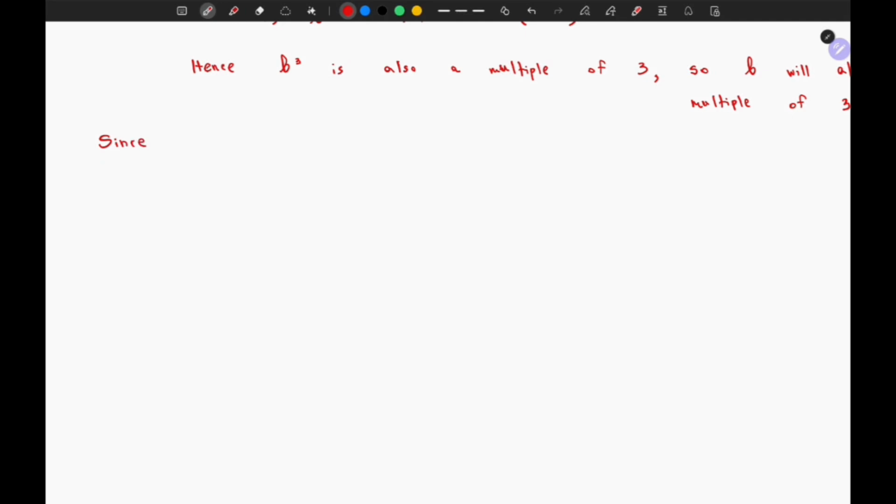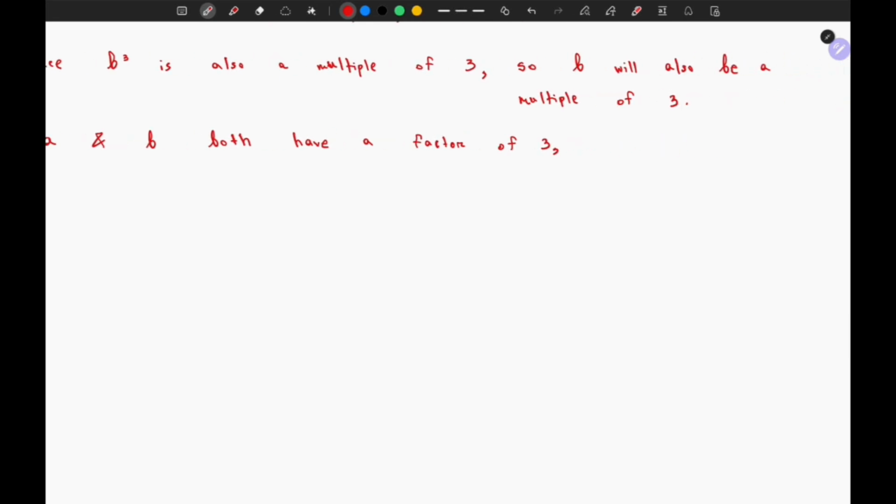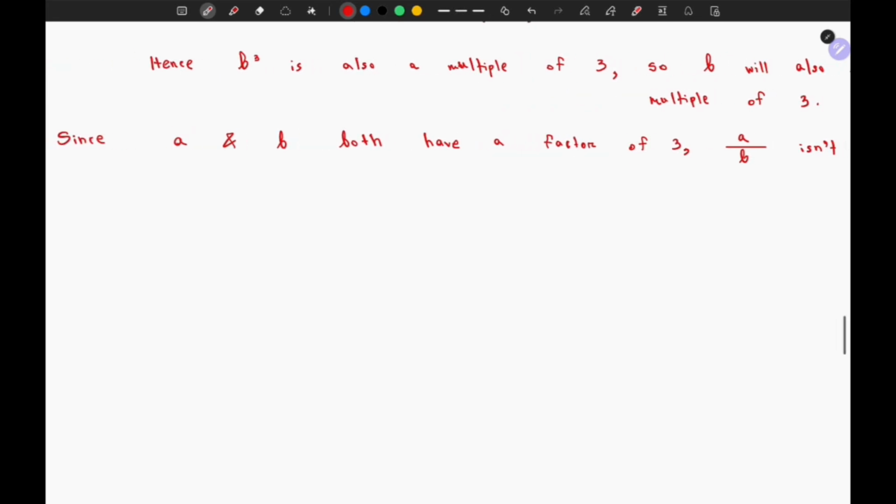So we can write, since a and b both have a factor of 3, a divided by b is not in its simplest form. So this contradicts our assumption.